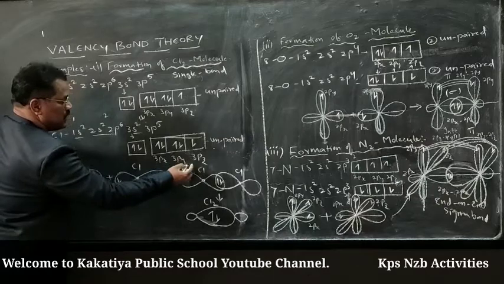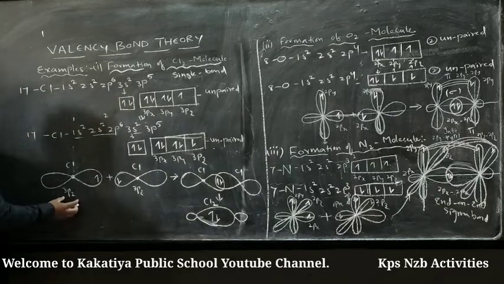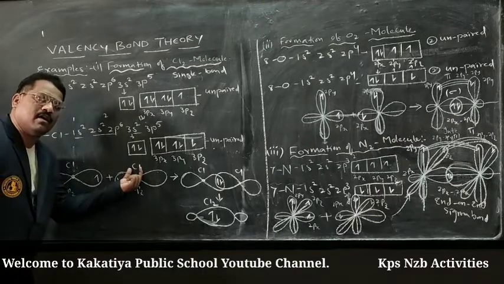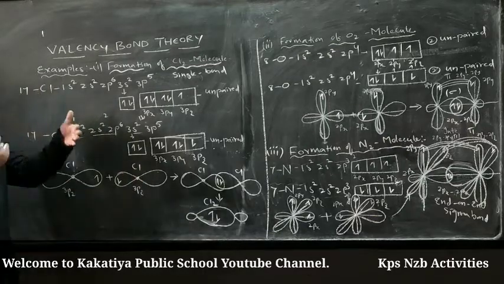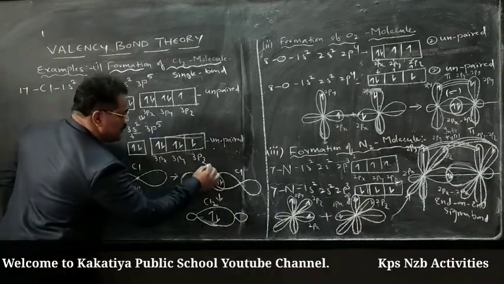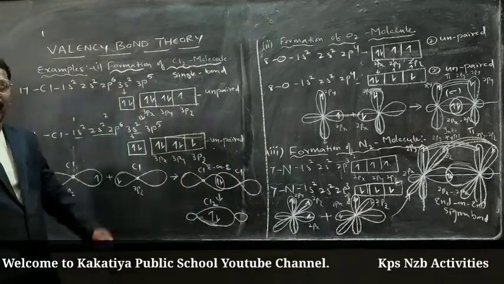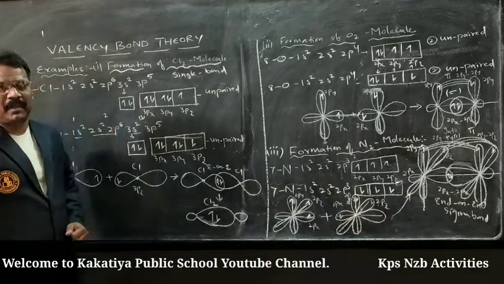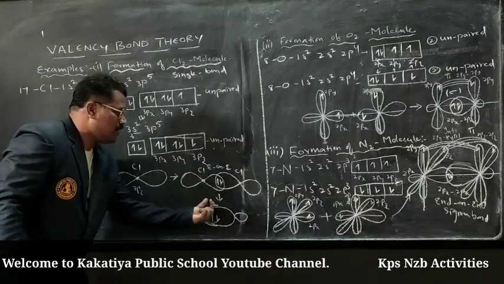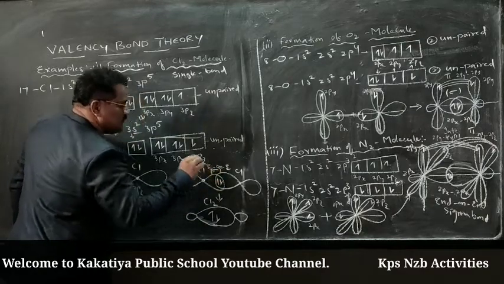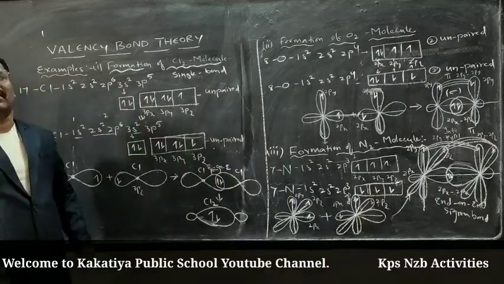The 3pz orbital of one chlorine atom and the 3pz orbital of the second chlorine atom overlap. This overlapping is called end-on-end overlapping, or head-to-head overlapping. Due to that overlapping, a bond will be formed. That bond is called a sigma bond. A strong bond will be formed.